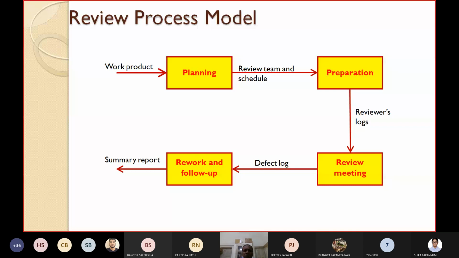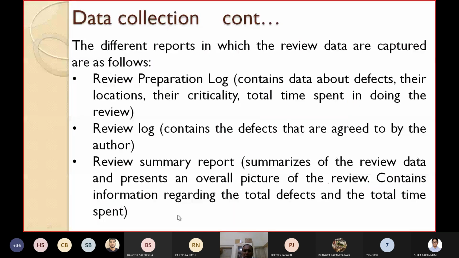The summary report will contain the summary of the review data. Also, it presents an overall picture of the review. It also contains information regarding the total defects and the total time spent in carrying out the review process. Okay, so these review reports are required during the review process.